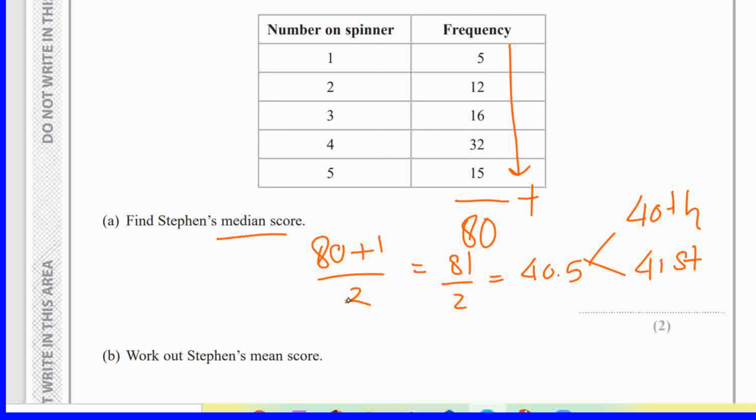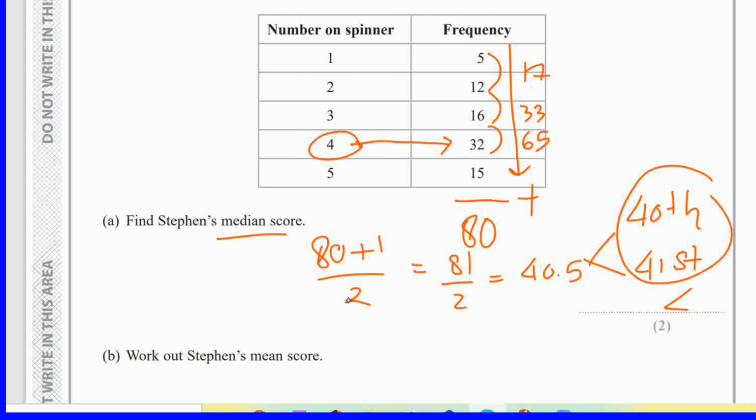So this is 5 plus 12 is 17. 17 plus 16 is 33. 33 plus 32 is 65. So the 40th and 41st data will be within this group, because this is accommodating data from data number 33 to data number 65. So the median will be 4.